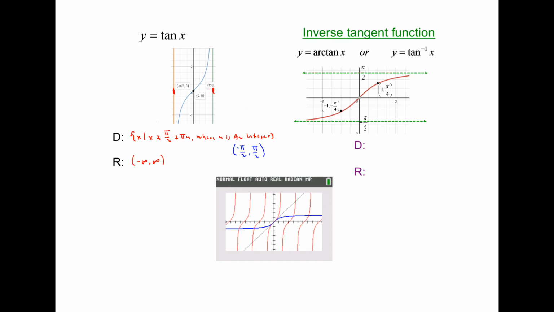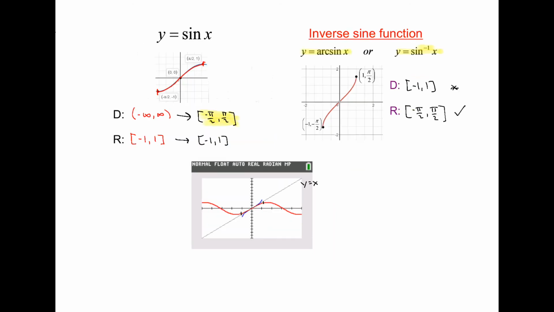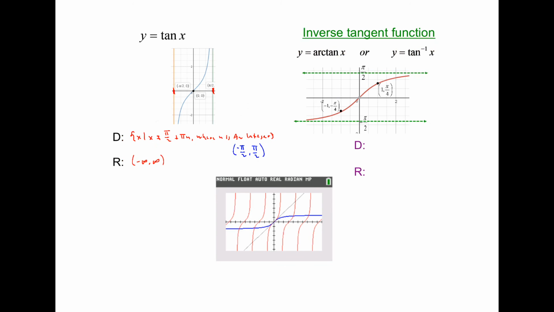So that's different than what we had done back on your sine graph. Your sine graph does include those values because they do exist, whereas for tangent, they do not. So you need to be careful of the difference between those two. And then once again, here's your inverse of tangent. So your domain will now represent all real numbers, so negative infinity to infinity.